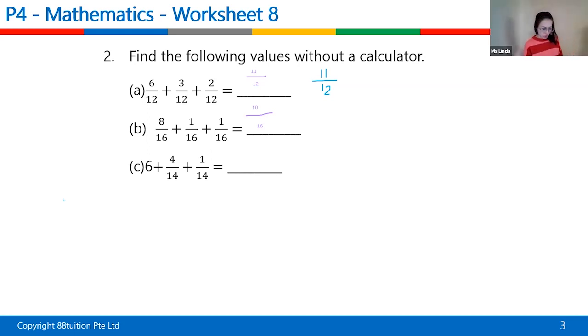Now, your question C is a bit different. You have 6 whole, a whole number. So basically, you just need to solve the fraction first, and then you can add in your whole number later.